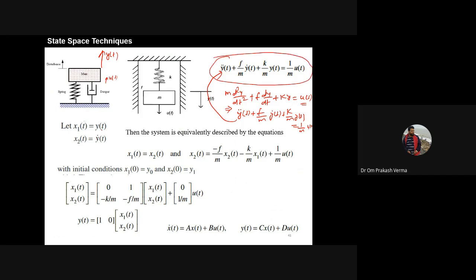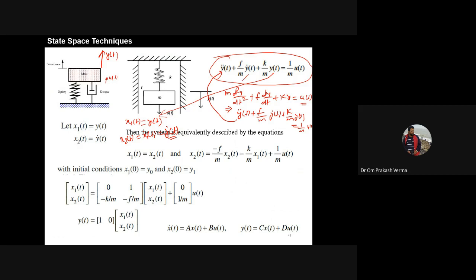Now we define x1(t) equals y(t), and x2(t) is nothing but x1 dot t, that is y dot t.